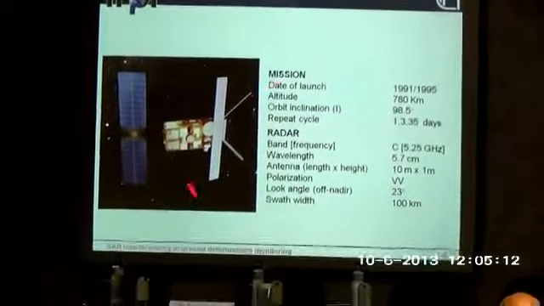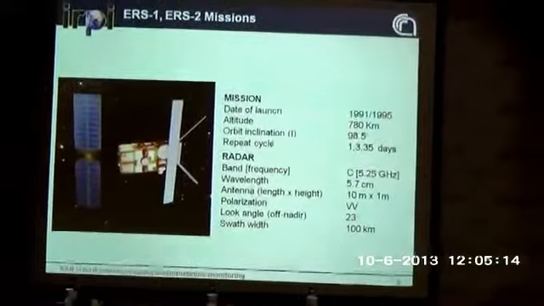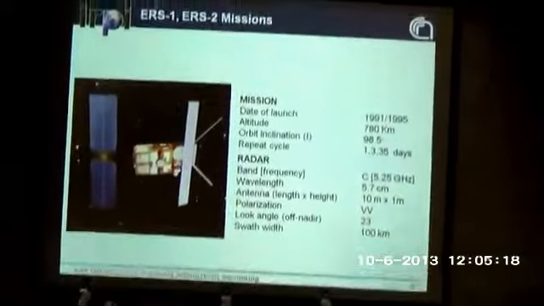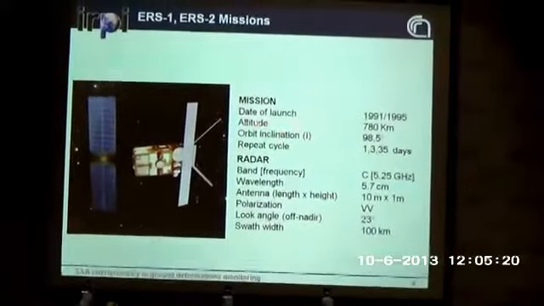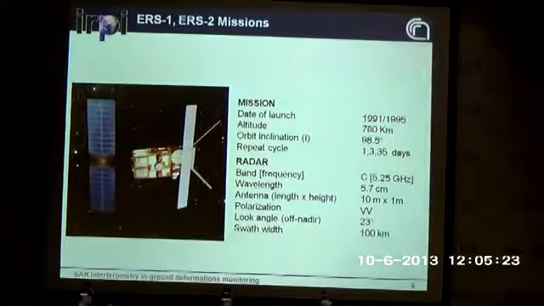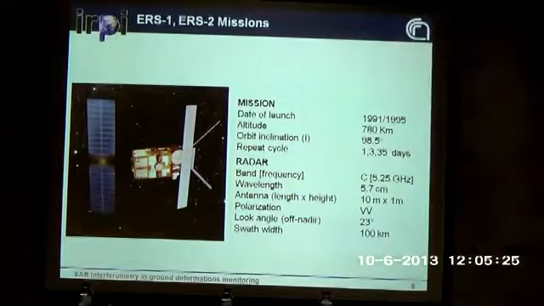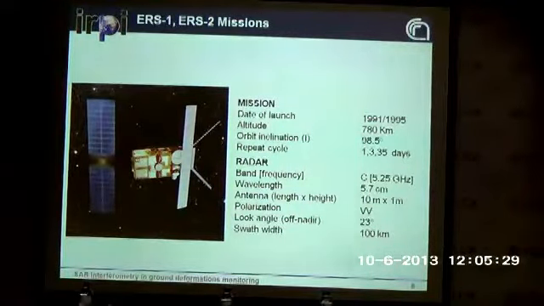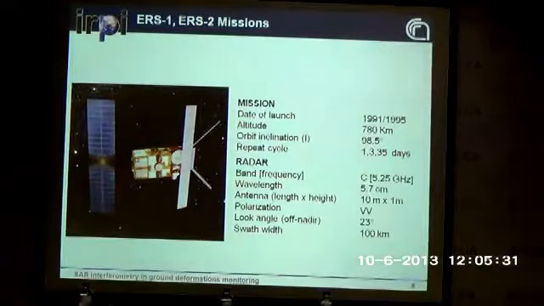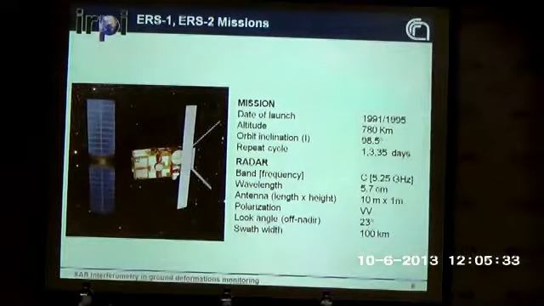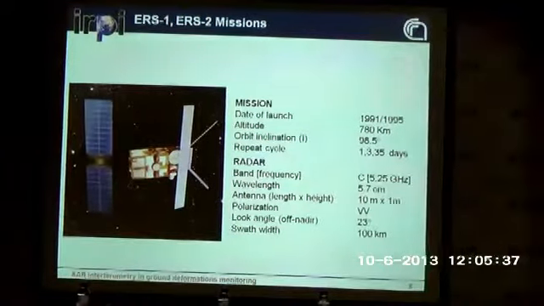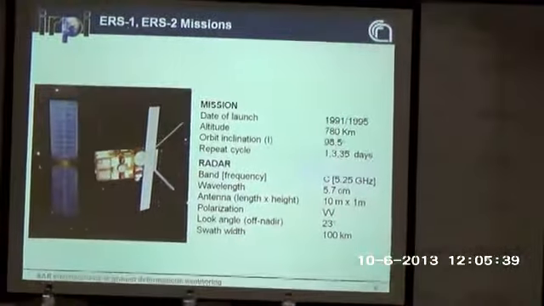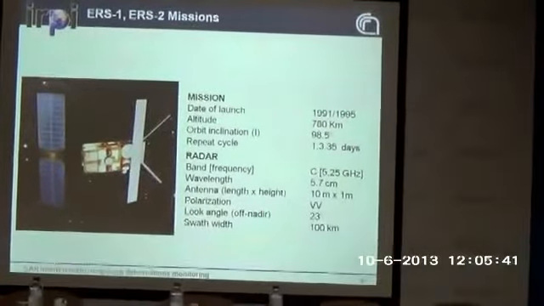The only parameters really important to us are that the altitude is about 800 kilometers from the Earth's surface. So they are very low above the ground surface, if you consider that the GPS satellites are at 20,000 kilometers.